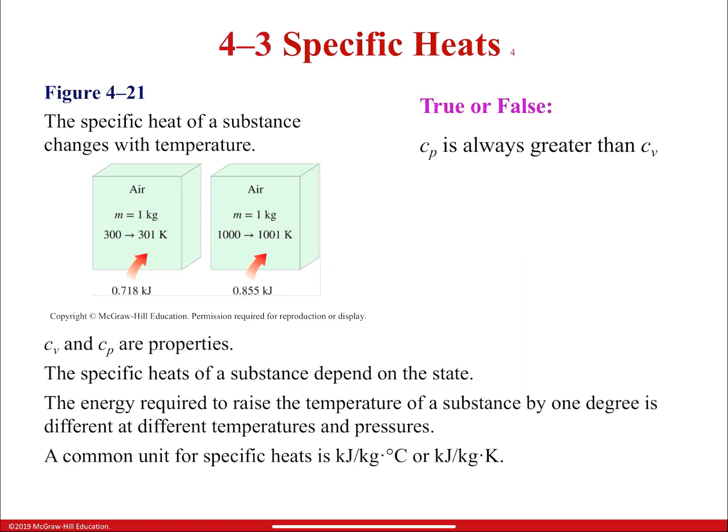I had a true or false, and that could be on the exam. Remember, this is part of the second exam. So is CP always greater than CV? I already gave you that answer. But just remember some facts. CV and CP are just properties. The specific heats of a substance depend on the state because they're attached to the temperatures.